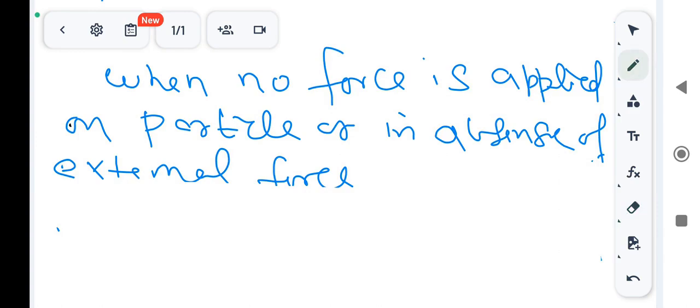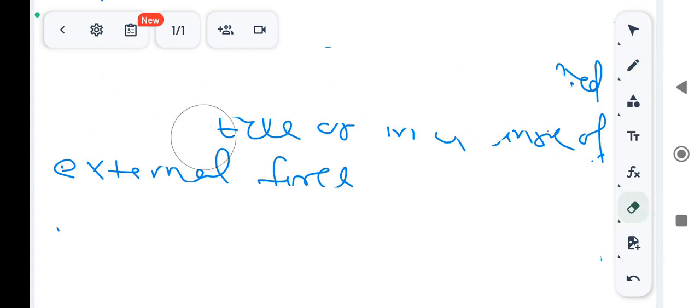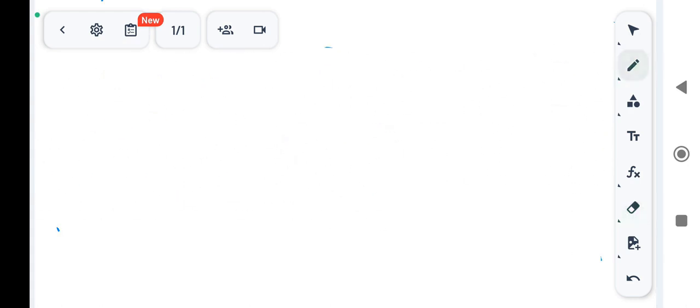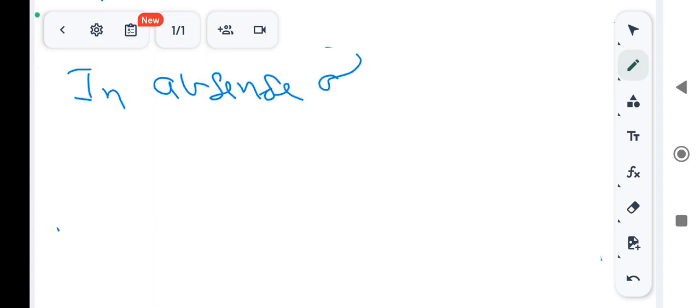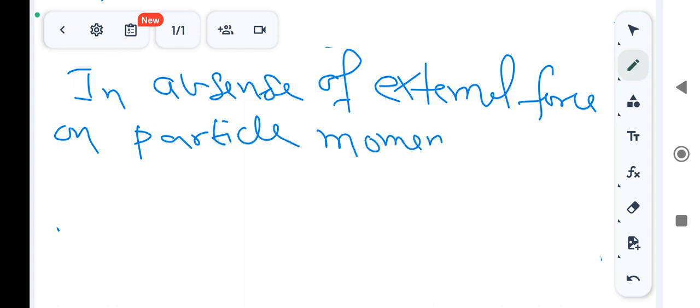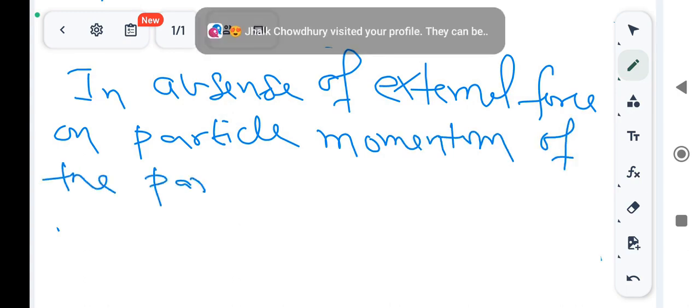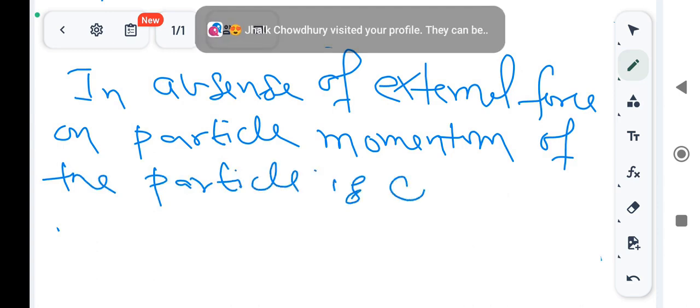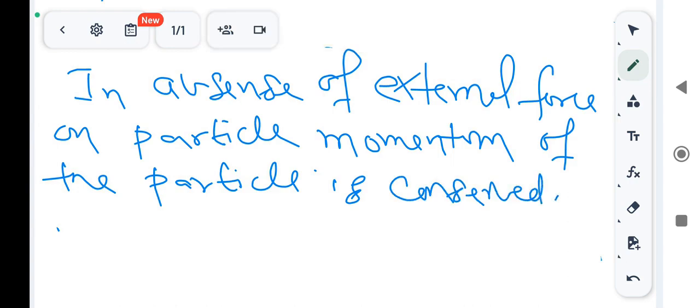In absence of external force on a particle, momentum of the particle is conserved. That is P2 equal to P1.